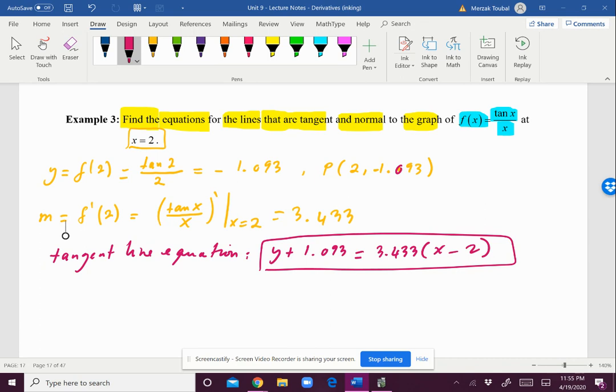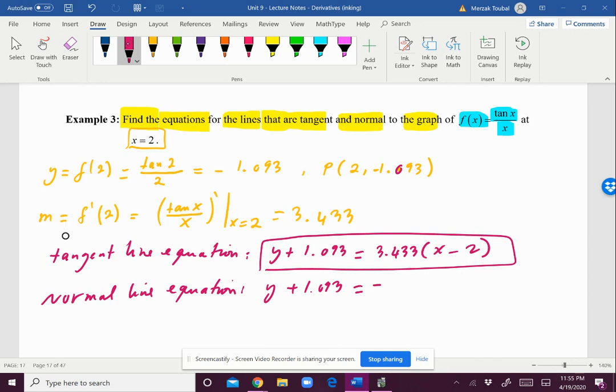Now the normal line equation is y plus 1.093, same point, it passes through the same point. However, the slope of the normal line is the negative reciprocal of the slope of the tangent line, because the normal line is perpendicular to the tangent line.